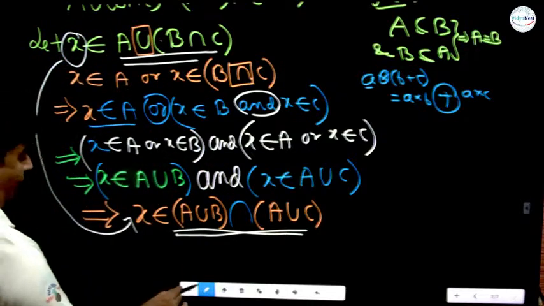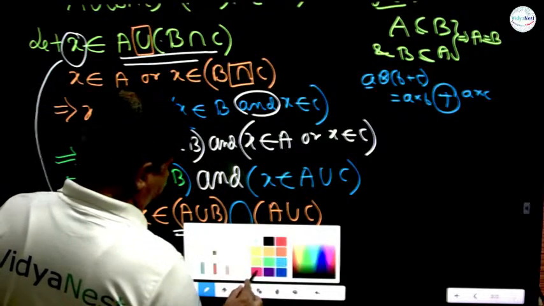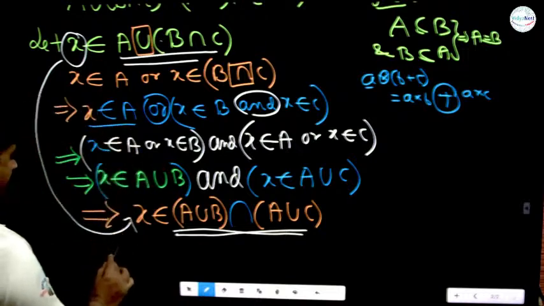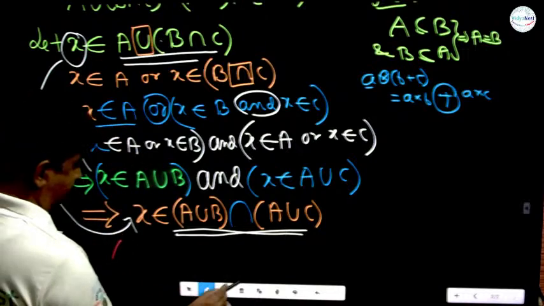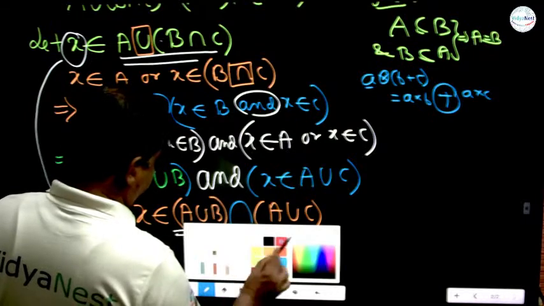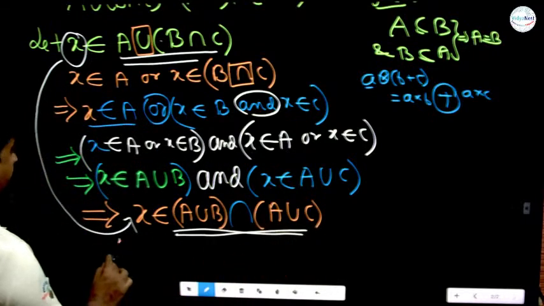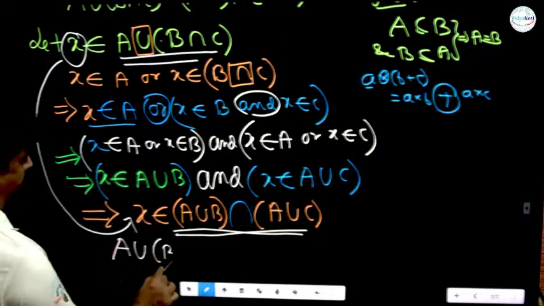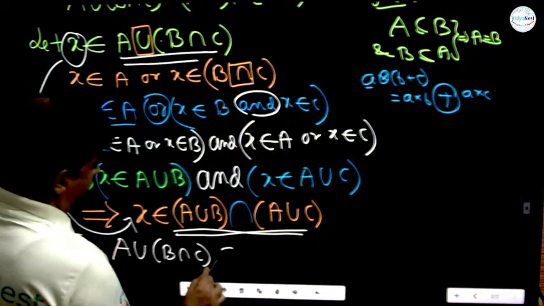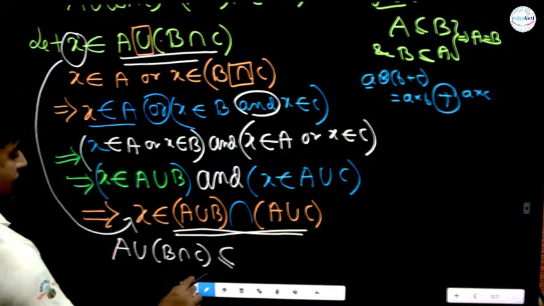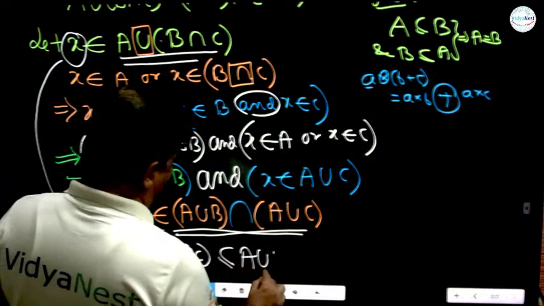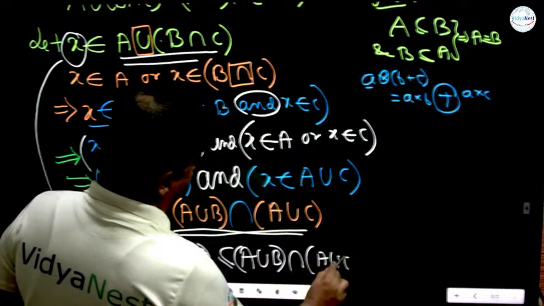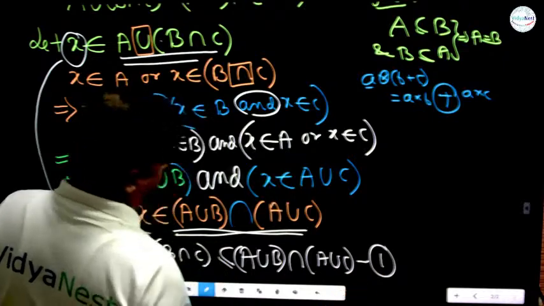That means A union B intersection C is a subset of A union B intersection A union C. That is result 1.